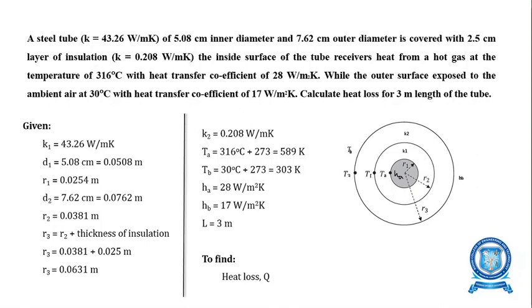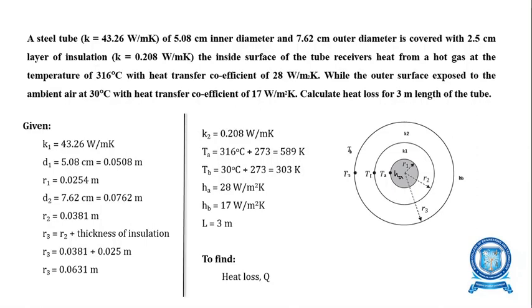I put the value as HA, which is given as the heat transfer coefficient of 28 watts per meter square Kelvin. The heat transfer coefficient is HA because the inner surface is exposed to a hot gas. The gas temperature TA is equal to 316 degrees centigrade, the convection temperature. We are converting it into Kelvin.